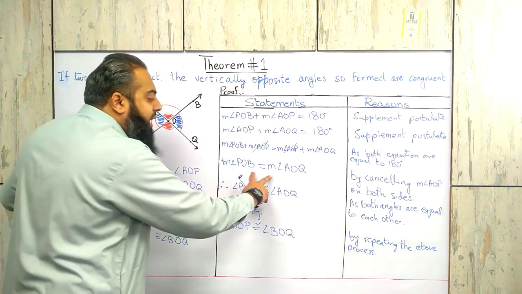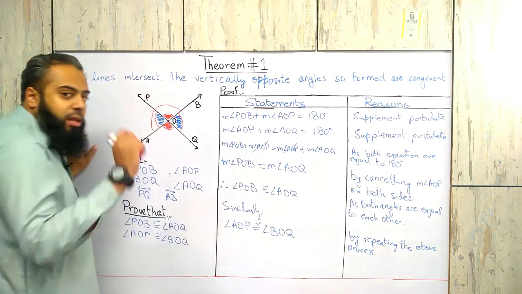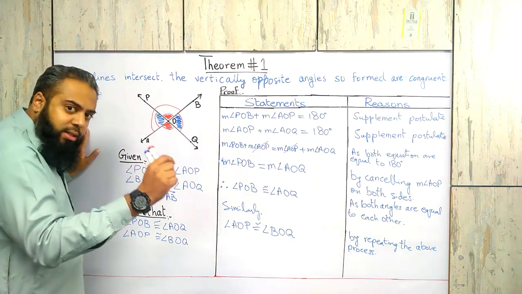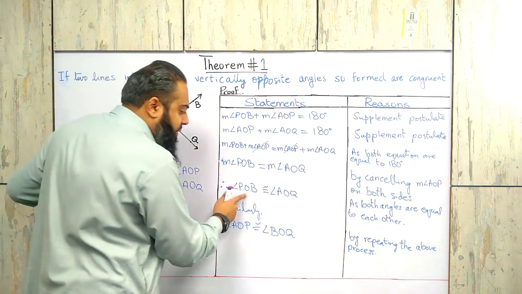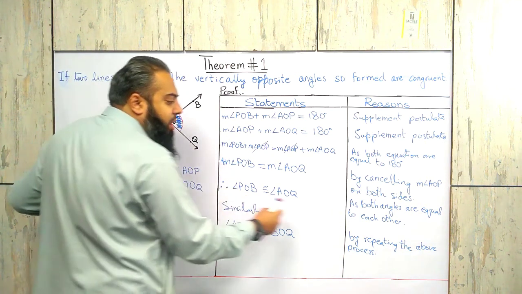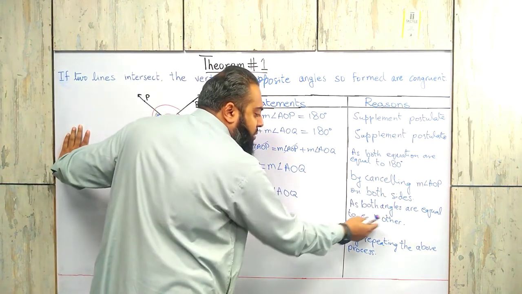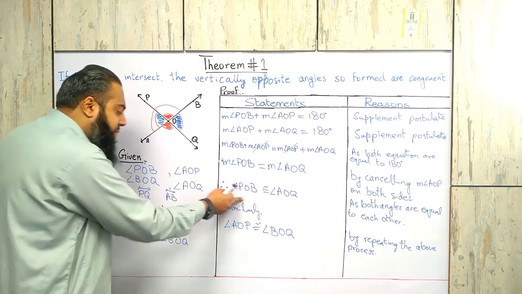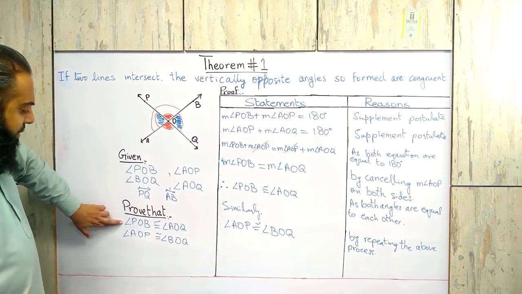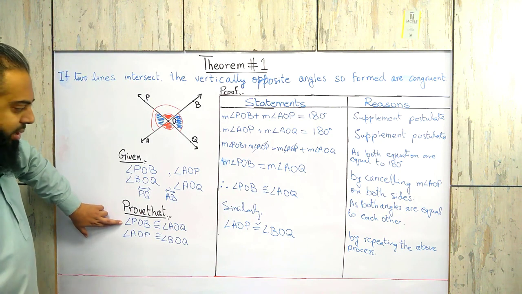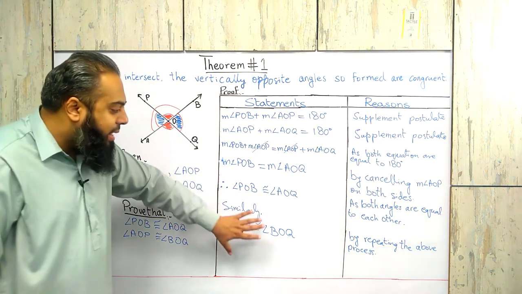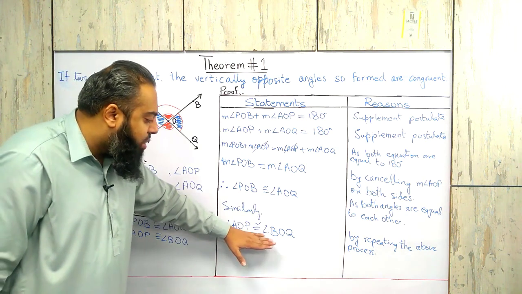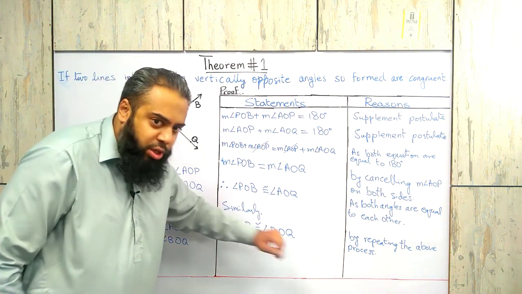If both of the angles in measurement are equal, they will be congruent to each other. And that is what had to be proven over here. Similarly, by repeating the above process, angle AOP will be congruent to angle BOQ.